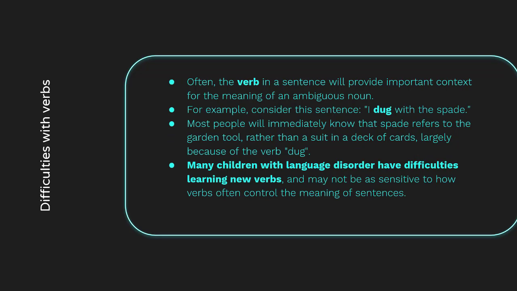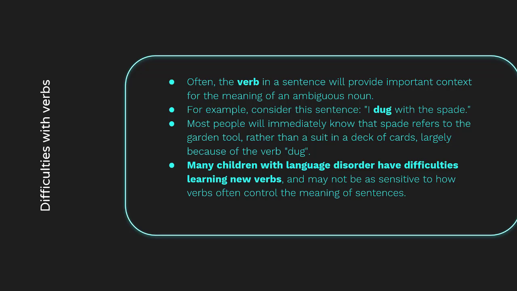Another problem that's been put forward, many children with language disorders have particular difficulties with verbs. Verb difficulties are often a hallmark of children with developmental language disorders, and often the verb in a sentence provides a lot of context for the meaning of an ambiguous noun. Some researchers talk about the verb constraining or dictating the meaning of a sentence.